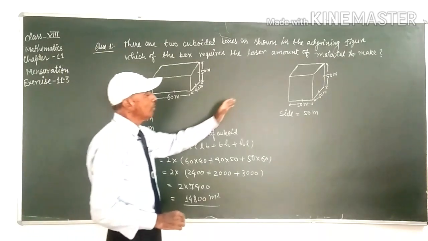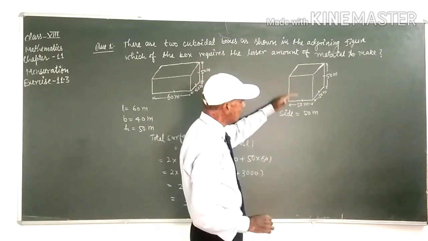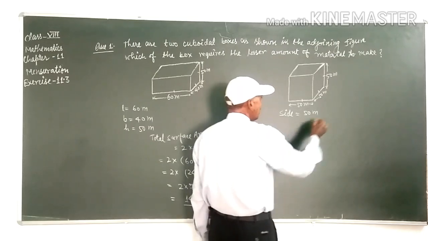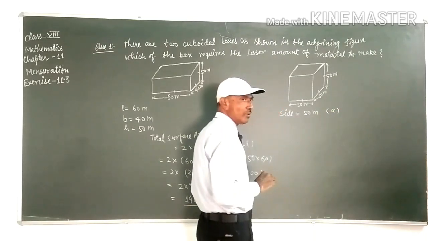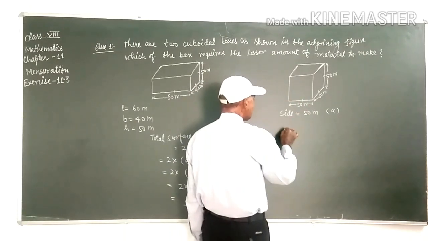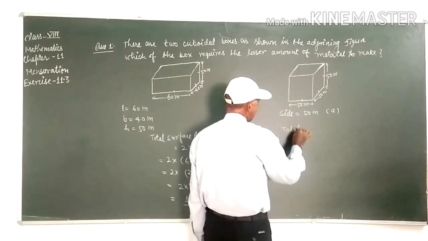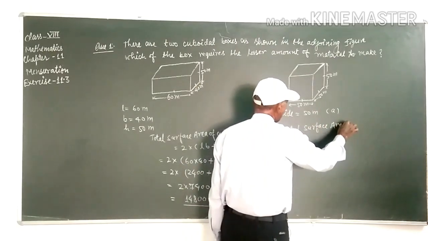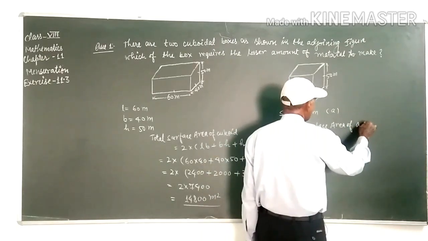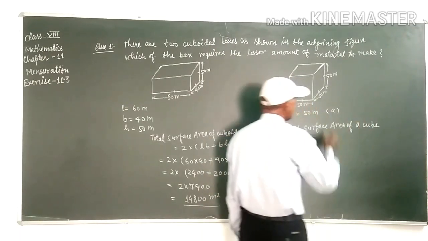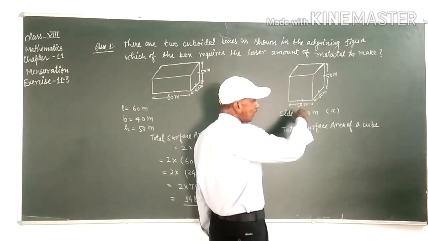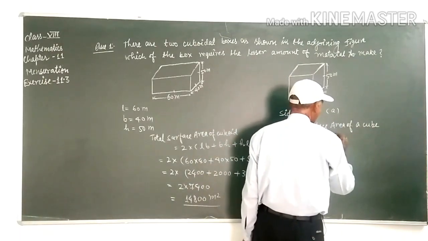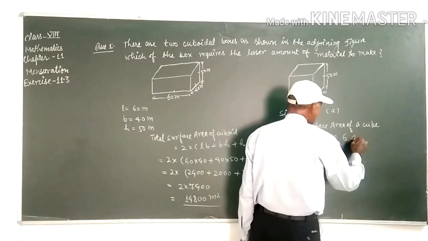Clear, student? Now we have to find out the total surface area of this cubical box. Okay, so the side is given here, this side is A. Clear, student? So the total surface area of a cube, because this box is a cubical box, so we have to find out the TSA, total surface area of the cube, that is 6A square.